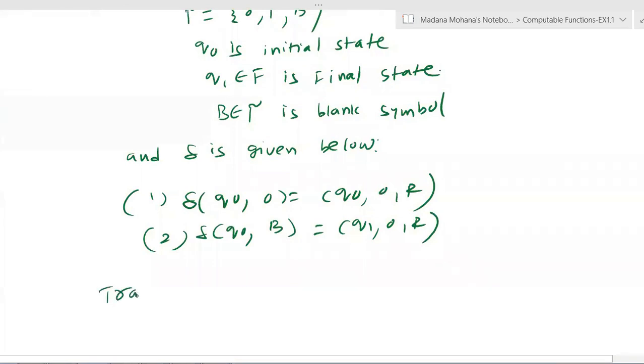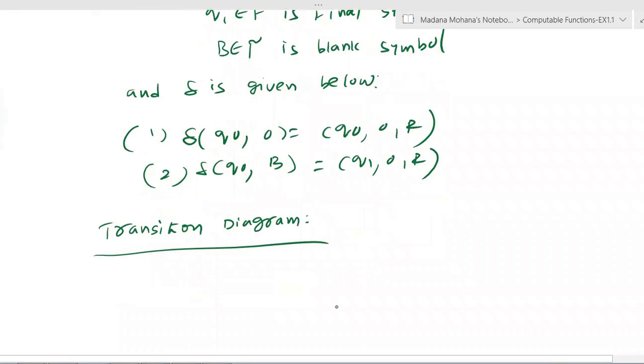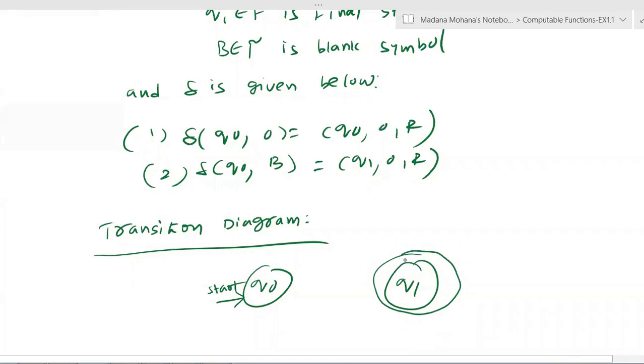Now draw its transition diagram. Here we have only two states. Let us take the states within circles. Now q0 is the initial state. Then q1 is the final state, represented within a double circle. Now the first transition, q0 on 0 loops, 0 by 0 moves right. The second transition, q0 on blank, blank by 0, then moves right.